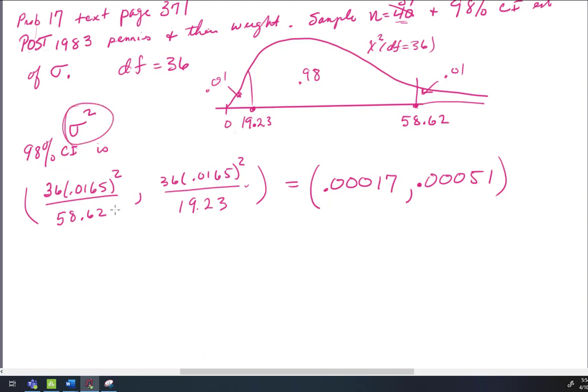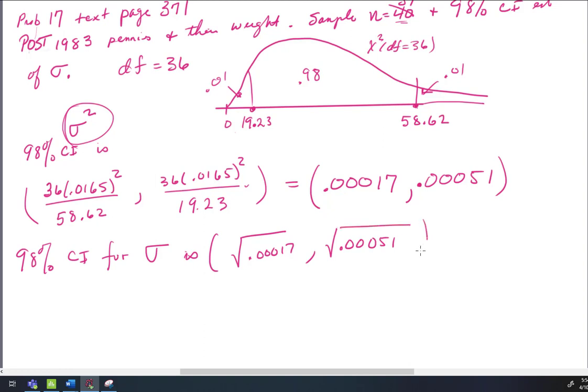But that's a confidence interval for sigma squared. The 98% confidence interval for sigma, that's what we were asked to find, we have to take the square root of 0.00017 up to the square root of 0.0051. The square root of 0.00017 is 0.013.